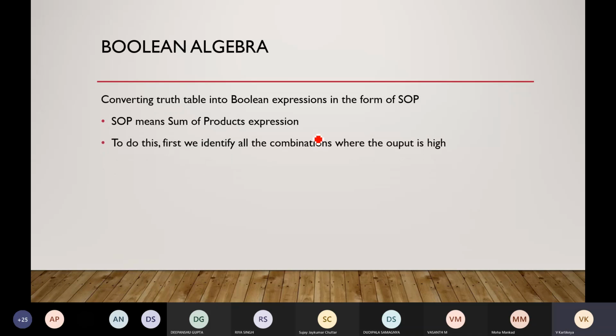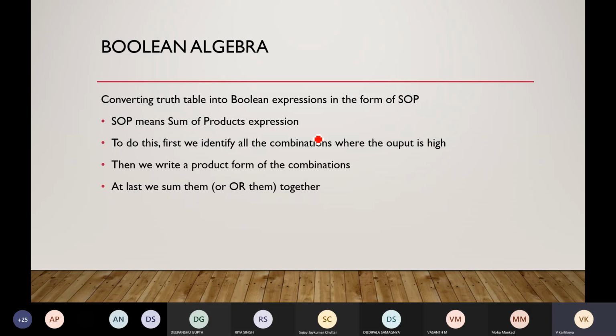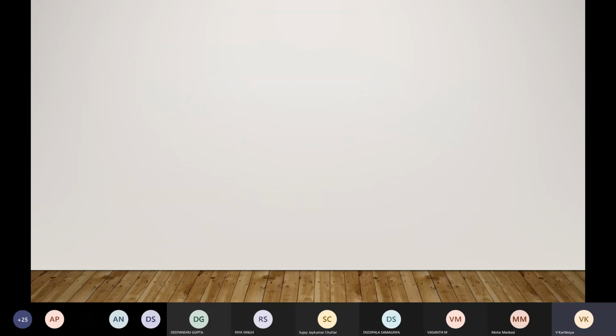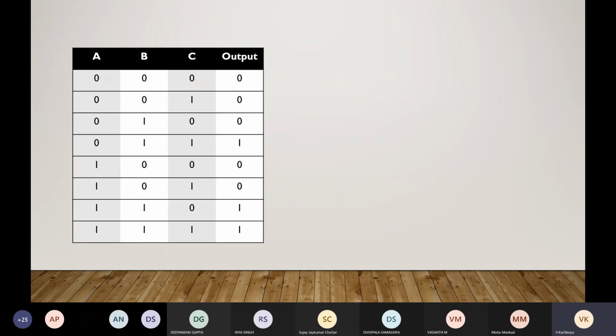To do this, first we identify all the combinations where the output is high. Then we write a product form of the combinations. At last, we sum them together. I'll show you with an example. So first, let's take a truth table. Here, A, B, and C are the inputs.